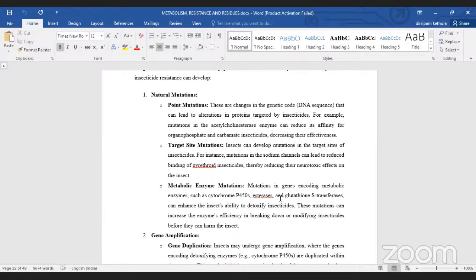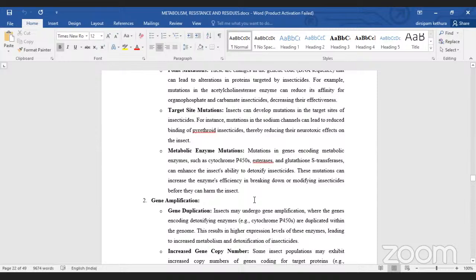So if such a protein gets formed because of the mutations, there will be a change in the expression of that particular gene. So here the example is mutations in the acetylcholinesterase enzyme that can reduce its affinity for organophosphate and carbamate insecticides, which decreases their effectiveness.